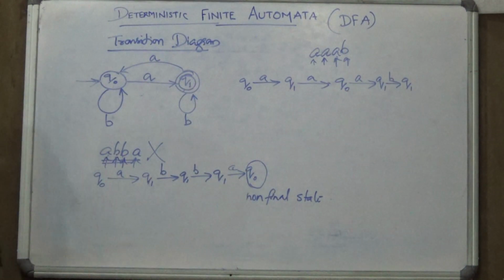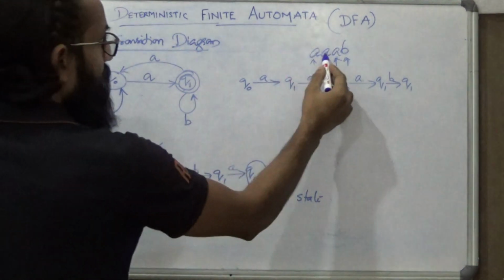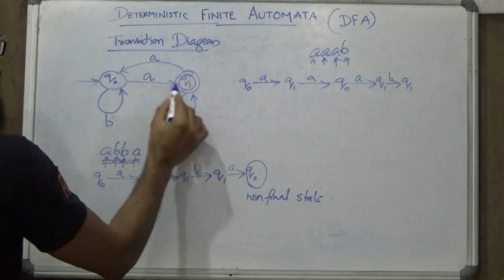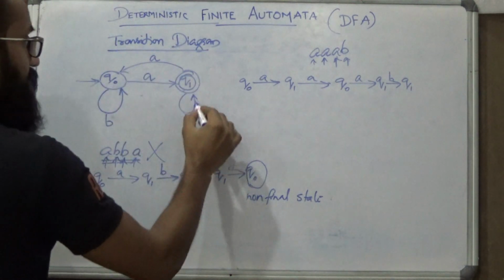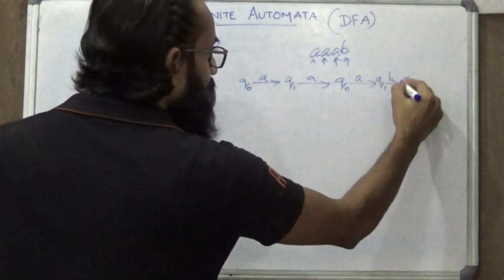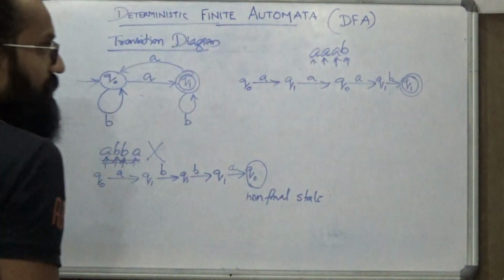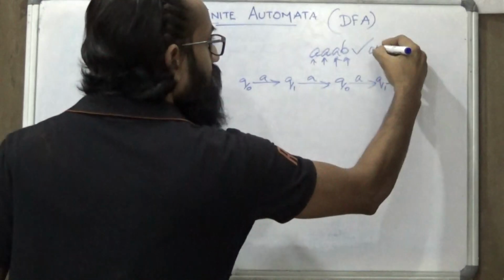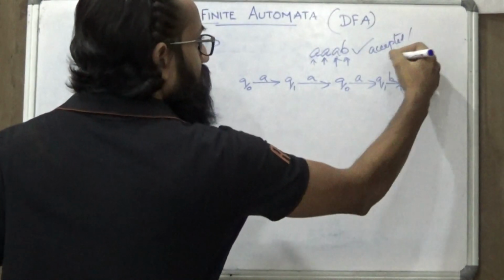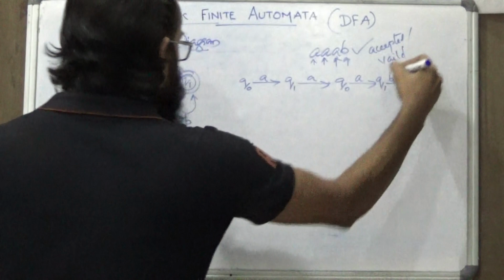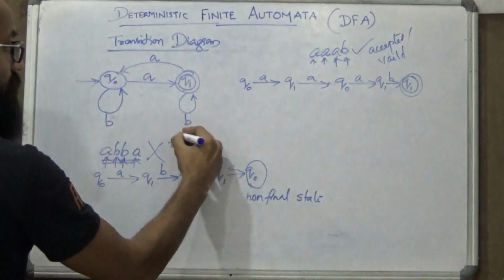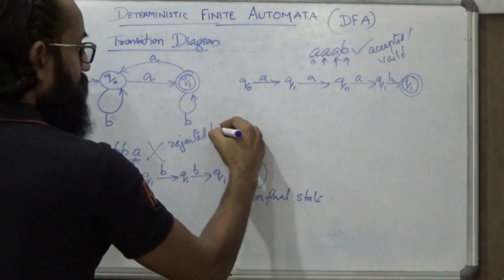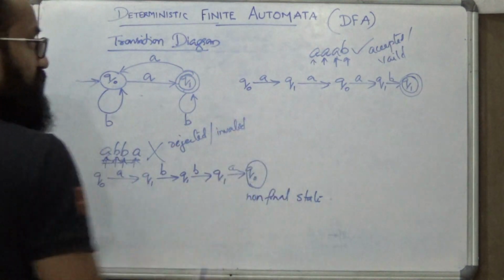So for the input ABAB, the machine takes the transition path and ends up in a final state, and this string is said to be accepted, or you can call it a valid string. Otherwise, this string is said to be rejected, or an invalid string.